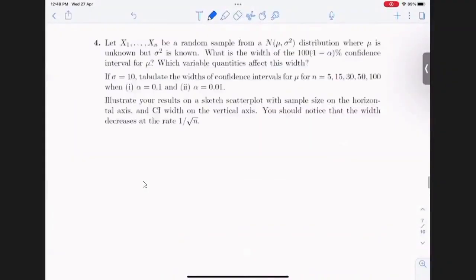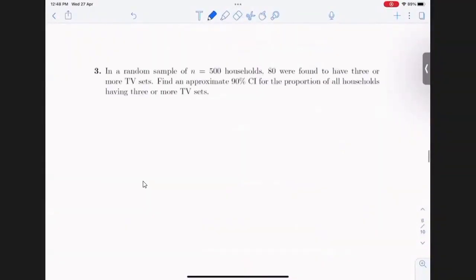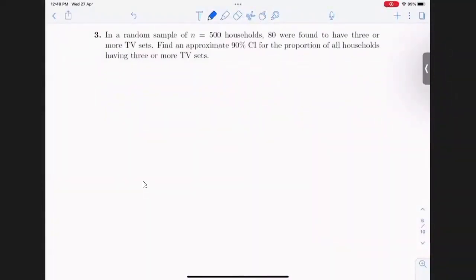Now, because time is running out, maybe I will just directly walk you through another question. This is a typical question on how we can calculate the confidence interval, not for mean, but for proportion. We are asked to find a 90% confidence interval for the proportion.